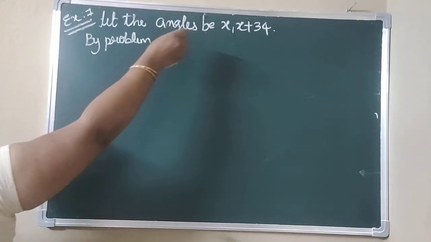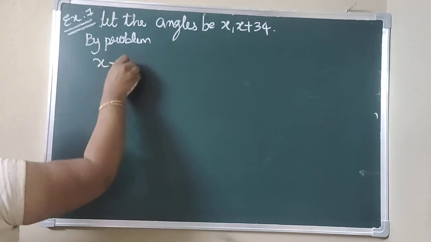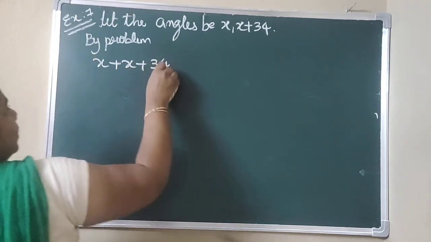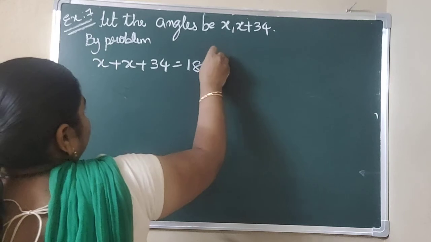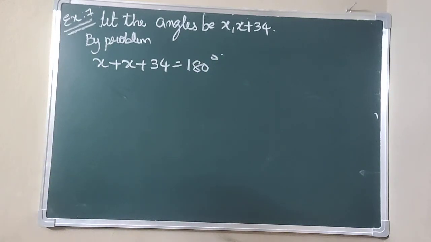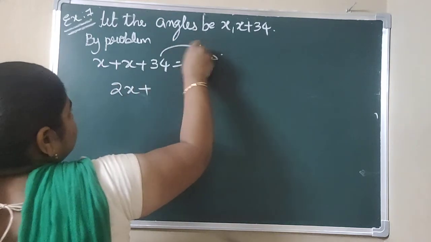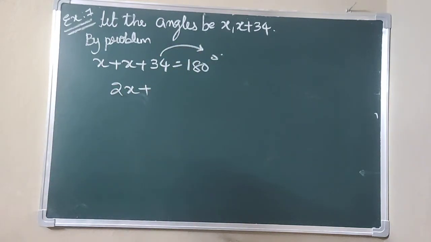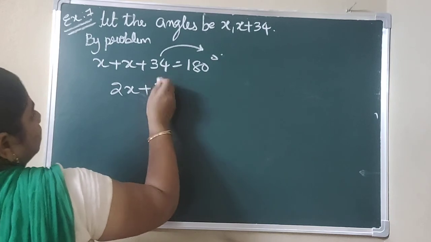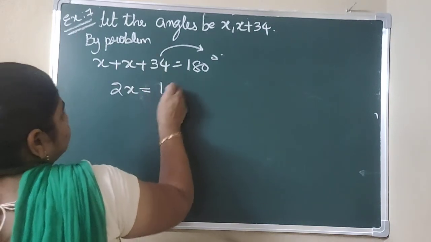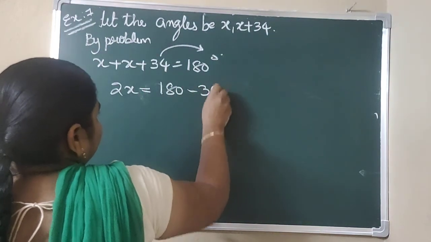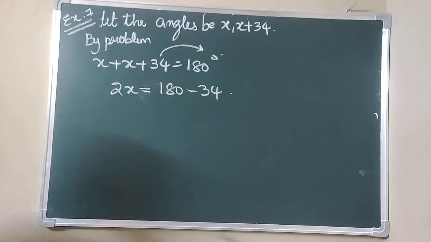the sum of the two supplementary angles, that is x plus x plus 34, is equal to 180 degrees. So x plus x is how much? 2x, plus 34. If you transpose this 34 to the other side, that becomes subtraction. Directly I am writing here 180 minus 34. What is 180 minus 34?